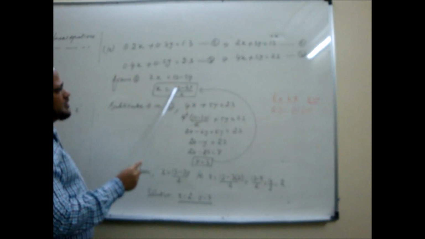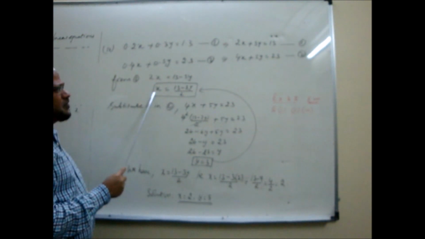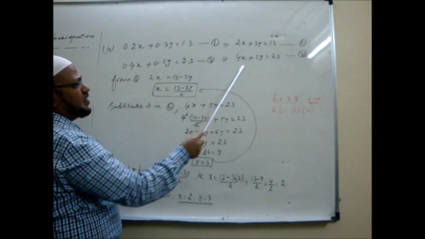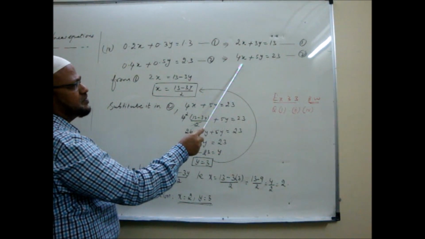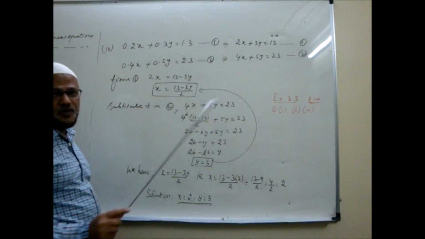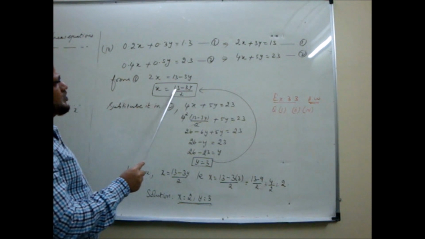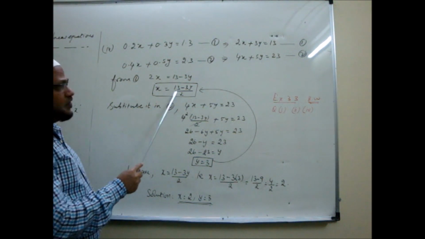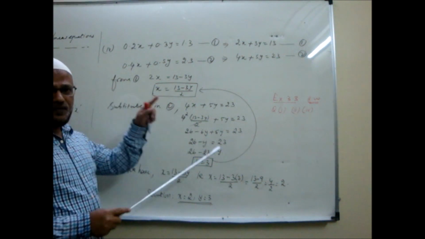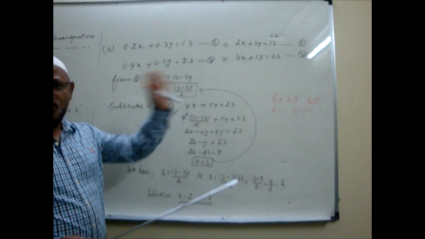So x is equal to (13 minus 3y) by 2. Even you can write 2x because you have 4x, you write 2 into 2x, then put this value there, no problem. So I found x is equal to (13 minus 3y) by 2. We got the value of x in terms of y from equation number 1.